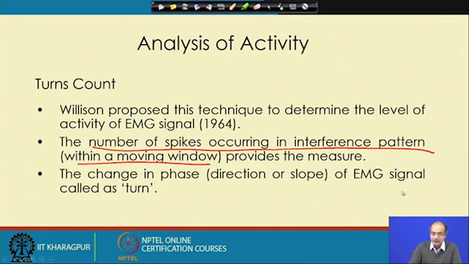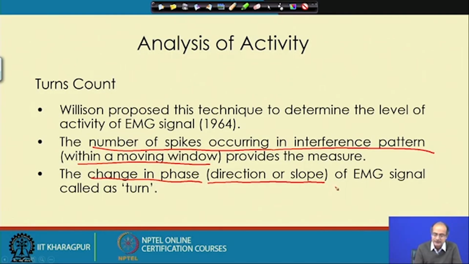Now, here what is important, if we want to get a definition of it, we are actually looking at the number of times the phase is changing, or to be in more simple words, the direction or the slope of the signal is changing. Okay. Then in every extrema, whether we look at the maxima or the minima, there is a change in direction or slope.